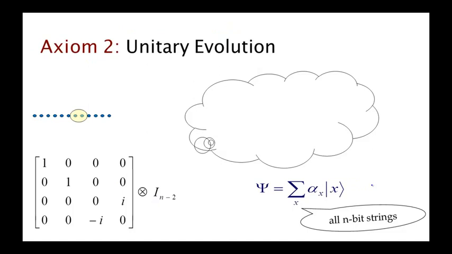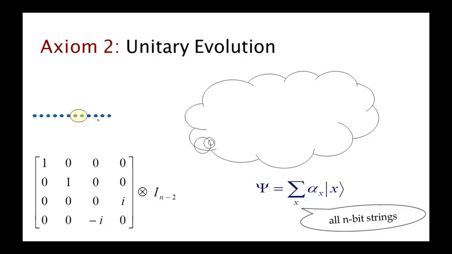Now, how does the state of the system evolve? The way it evolves is by the application of, for our purposes, quantum gates. So we might pick two of these qubits and apply a quantum gate to them, which is represented by a 4x4 matrix tensored with the identity on all the rest of the qubits, because we are leaving them alone.